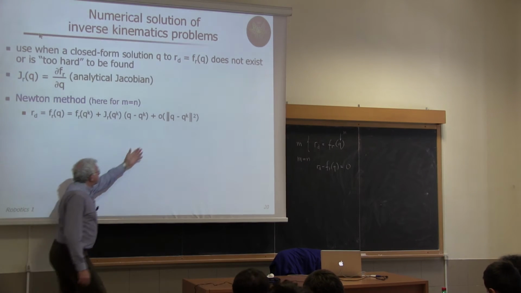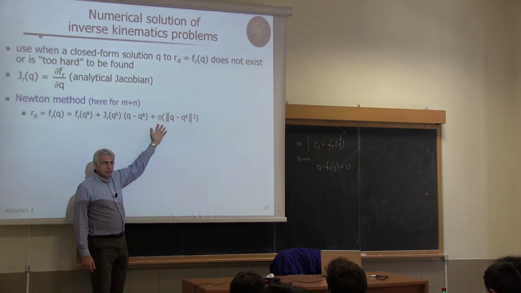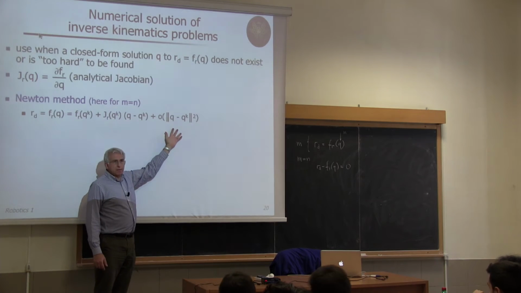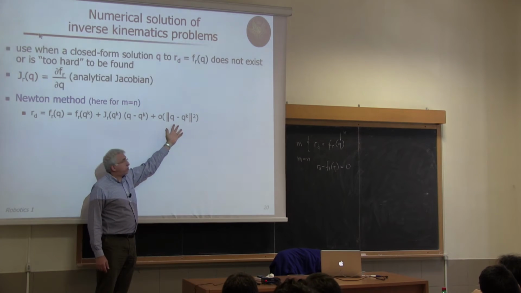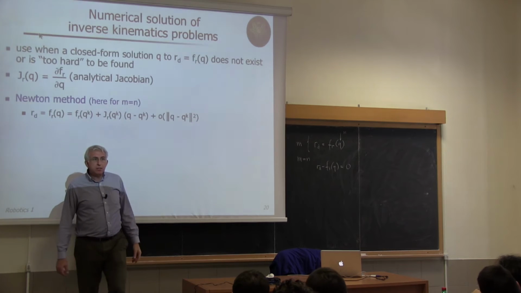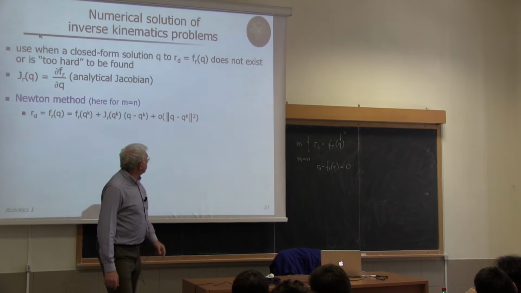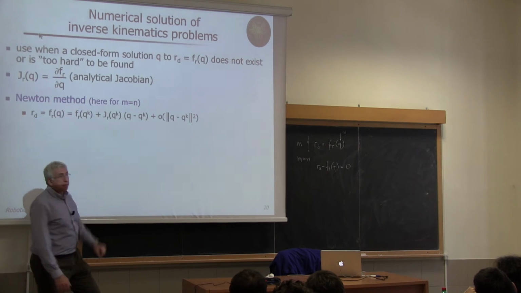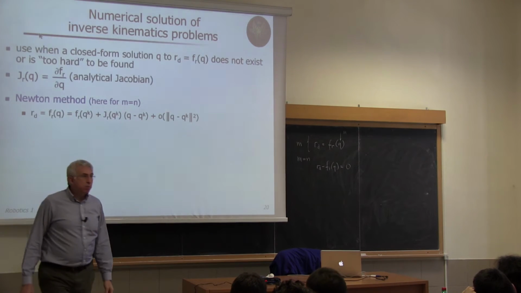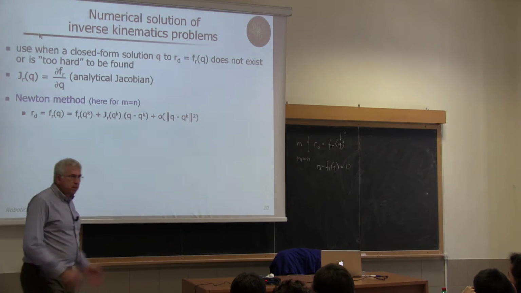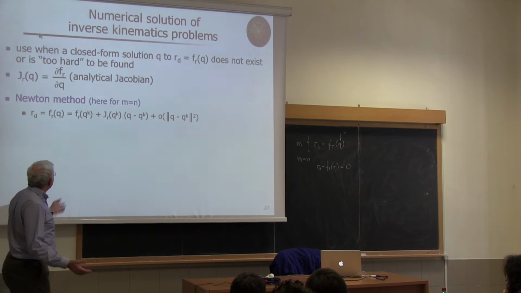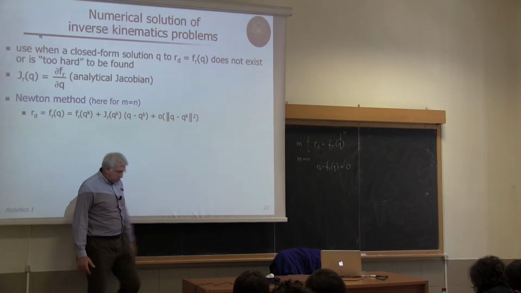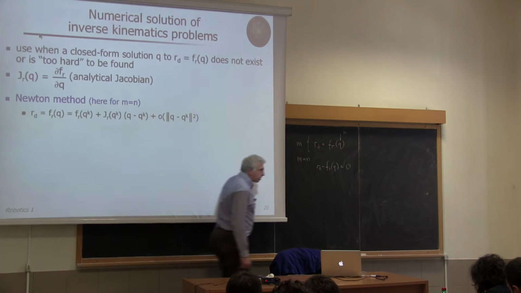If we add also the rest of this Taylor expansion, we know that this is something that is of an order of magnitude at least the square of the norm of the difference between the generic point where we are and the initial point of the expansion. This is the standard case. So here we have equality with those terms which are complex and we don't want to care too much.